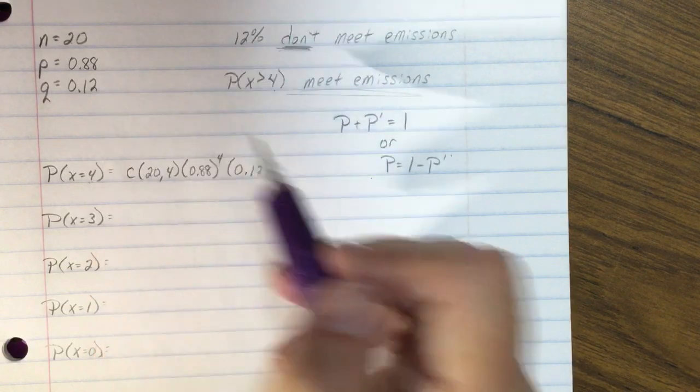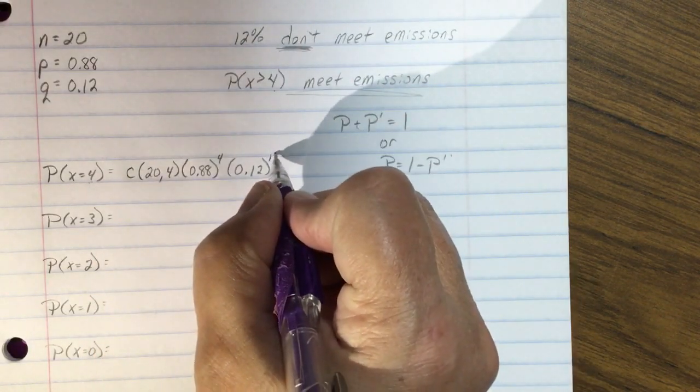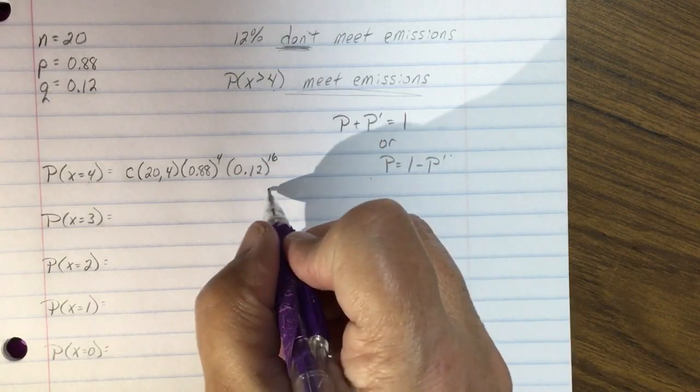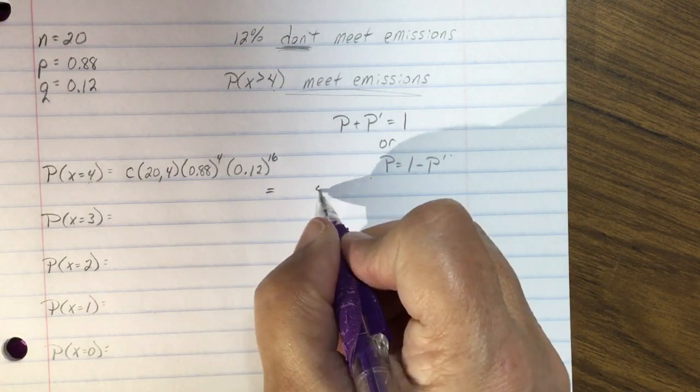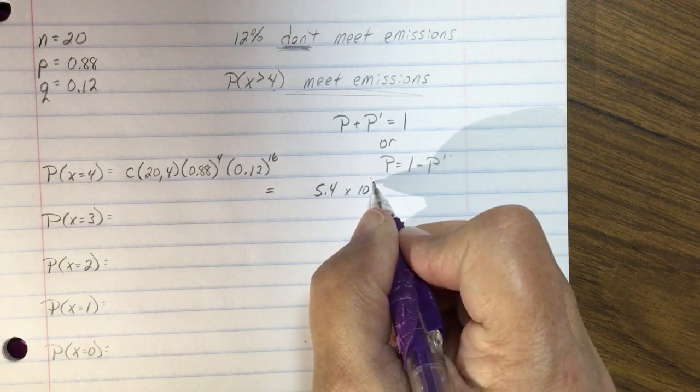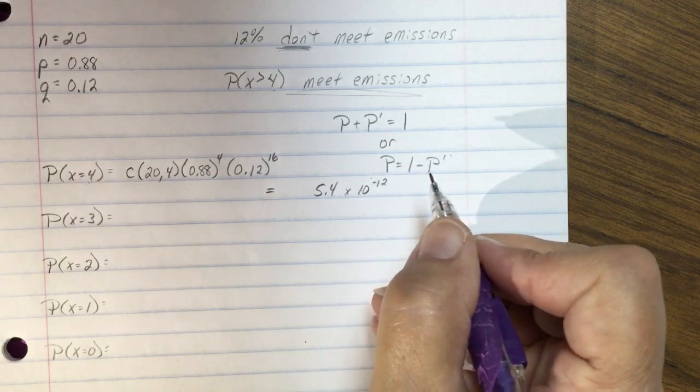So that's 20 minus 4, which gives us 16. I key that into the calculator, and I end up with 5.4 times 10 to the negative 12.